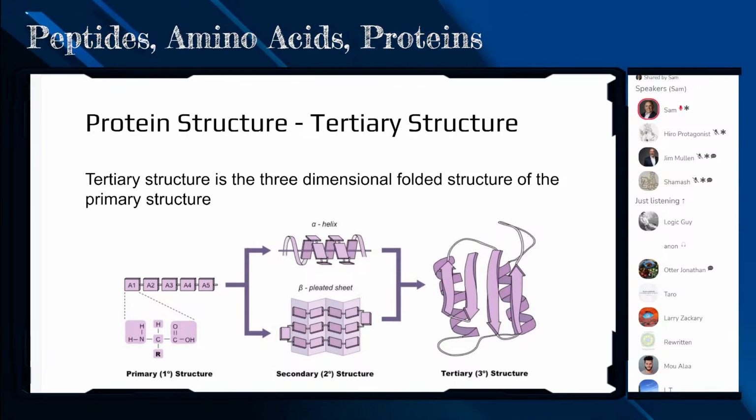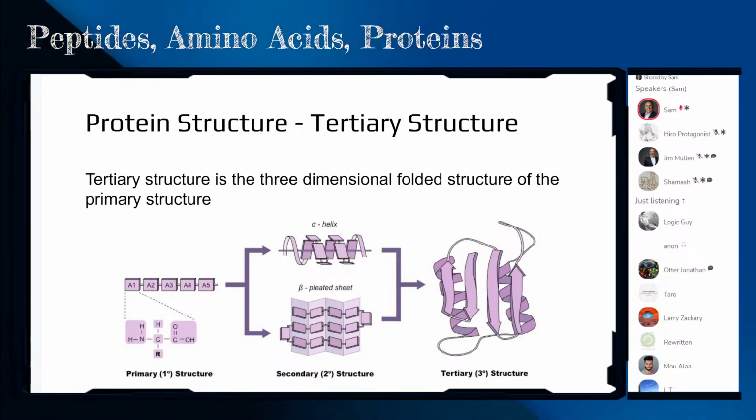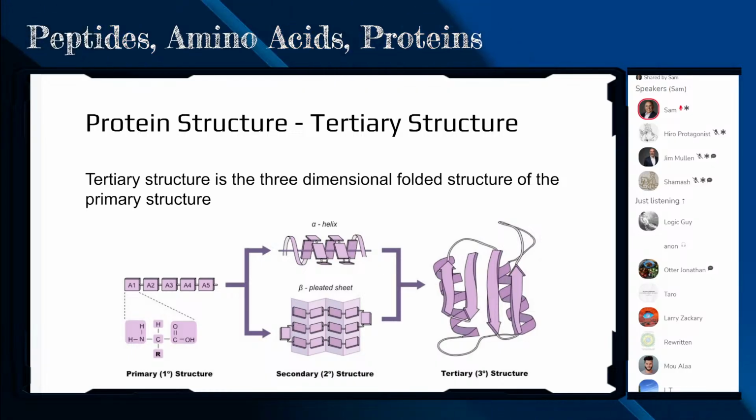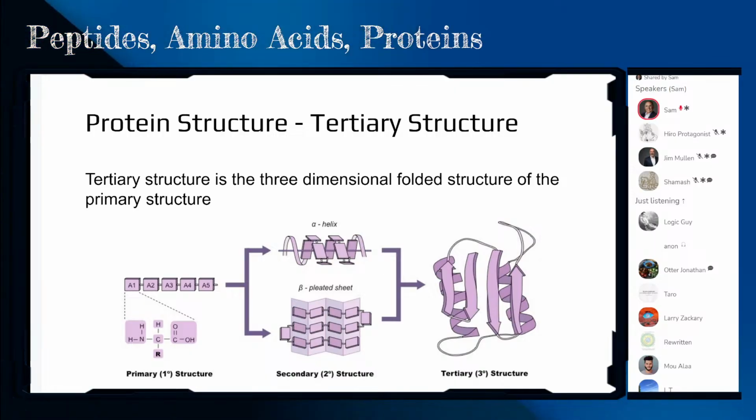But when you go down in there, you see that no, it actually is made up of a lot of different conformations. So on slide 23, we're going to talk about the tertiary structure of the protein. That's when the whole thing folds over itself to form the final protein that has a function. And we see on the left-hand side, we have the primary structure, which is the sequence of the amino acids.